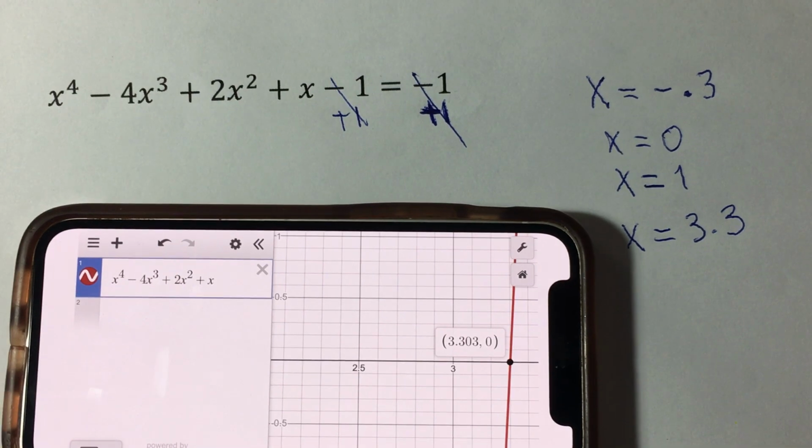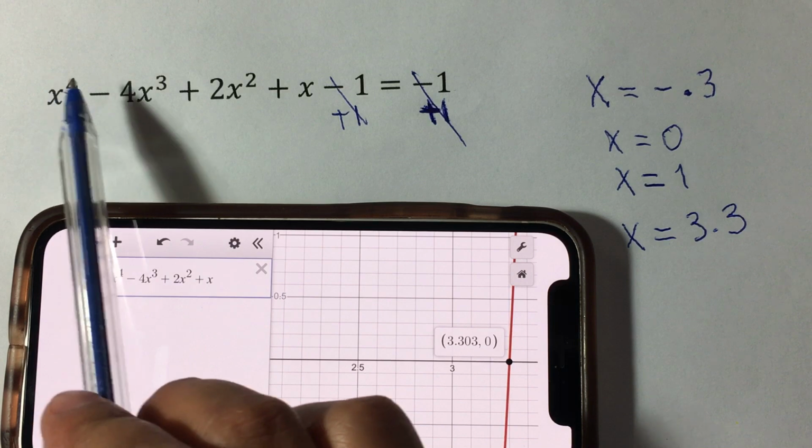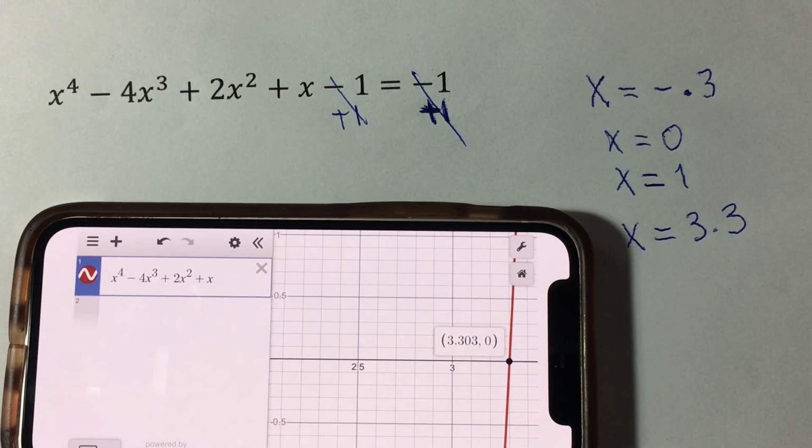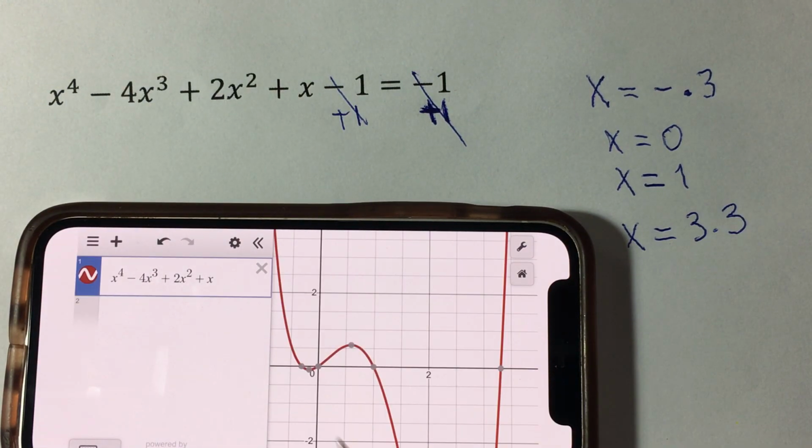Something that I want you to recall from previous lessons: the biggest exponent, or the degree of the function, will tell me the number of solutions. Sometimes they're imaginary and they don't appear, or they don't go through x, but in here we have 1, 2, 3, 4, and we have the exponent 4. There they are, 1, 2, 3, 4.